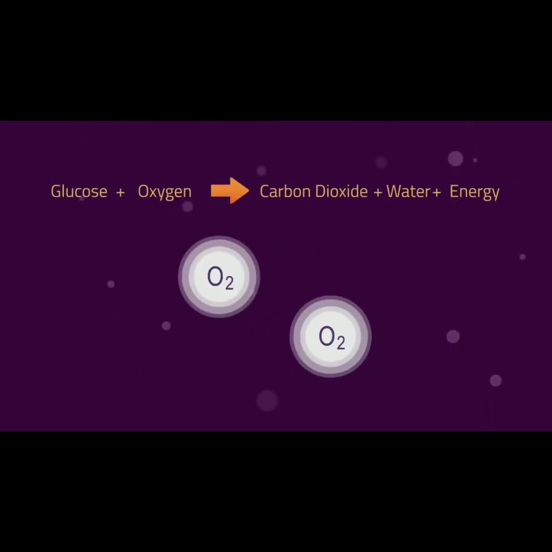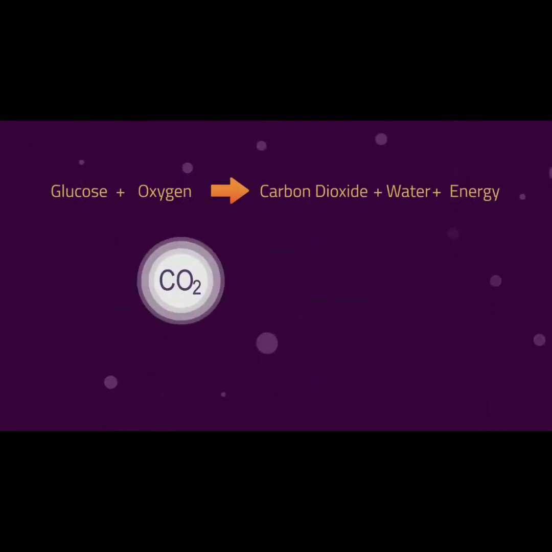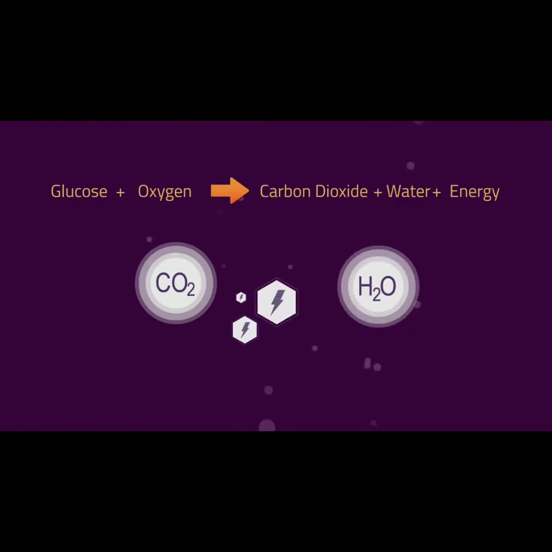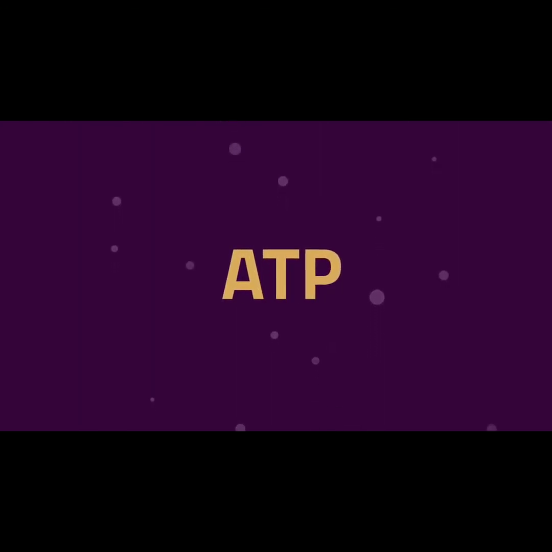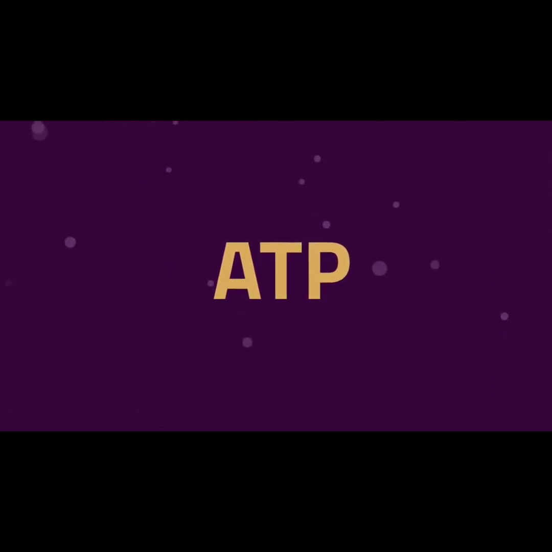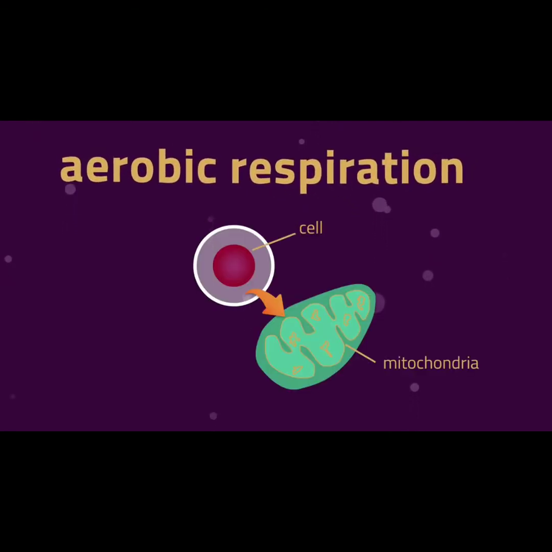Glucose is broken down by oxygen to release the byproducts of carbon dioxide and water. Energy is released, which is then used to make a special molecule called ATP. ATP is how energy is stored for later use by the body. Aerobic respiration happens all the time, in all cells, usually in the mitochondria.